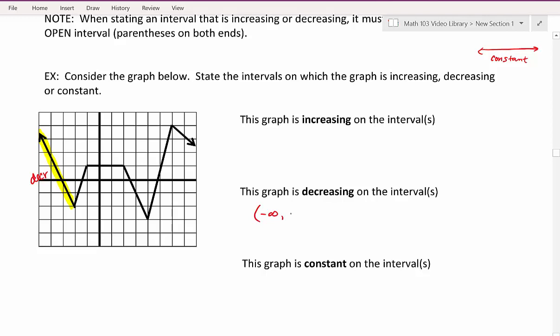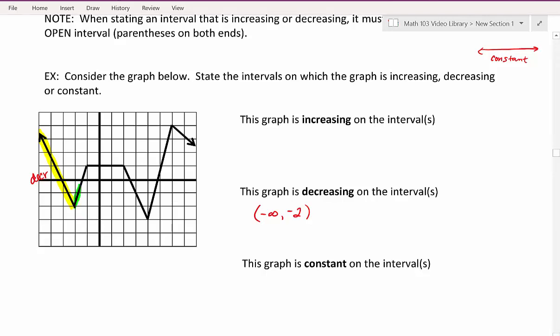And then what's the x value when this piece stops decreasing? Well, that happens right here, and the x value is negative 2. So that first shaded portion of the graph is decreasing, and that's the interval of x values, negative infinity to negative 2.